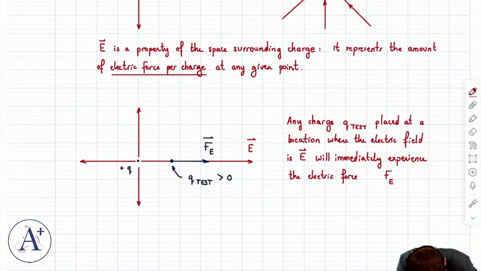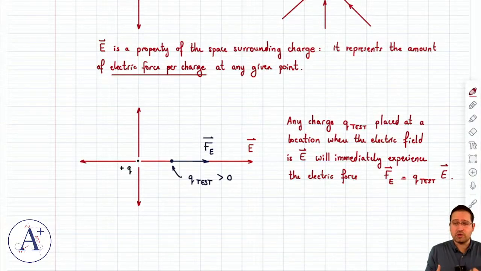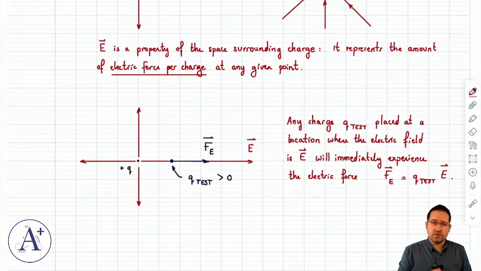Fe is equal to Q test times E. Makes sense. If E is force per unit charge, tell me how much charge I have. Q test multiplied by E should give me force.